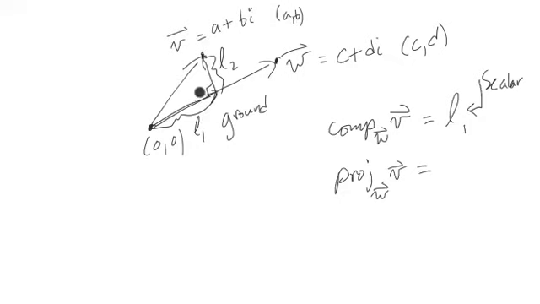We can label this as another vector, let's call it the vector G. Okay, that's along the ground. So the projection is actually a vector along the ground. It's kind of like the shadow vector. The length of this vector is actually L1.